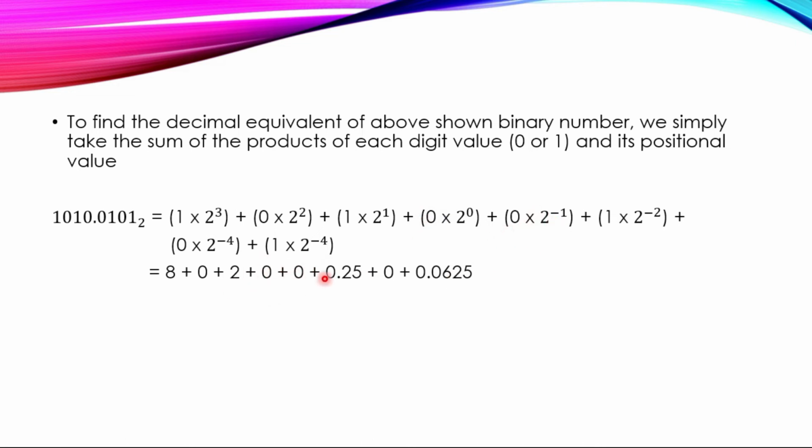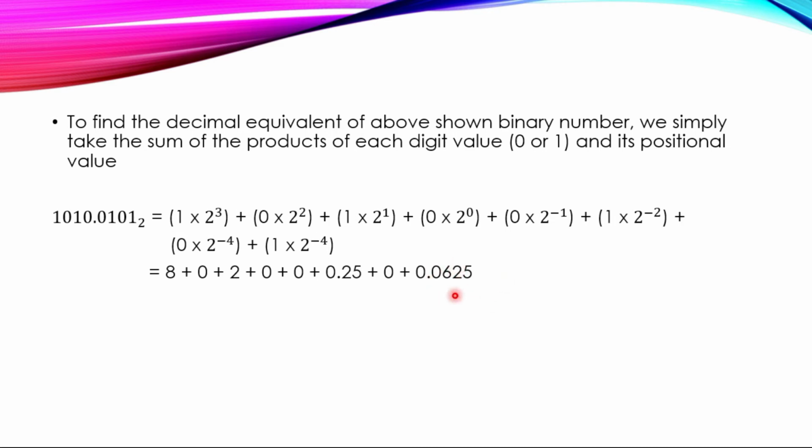Again 0, plus 1 into 2 raised to minus 2, which is 0.25, plus whatever multiplied by 0, the answer will be 0, plus 2 raised to minus 4, which is 0.0625.